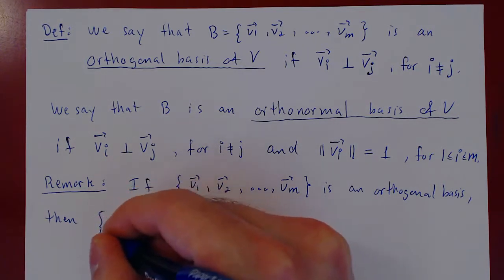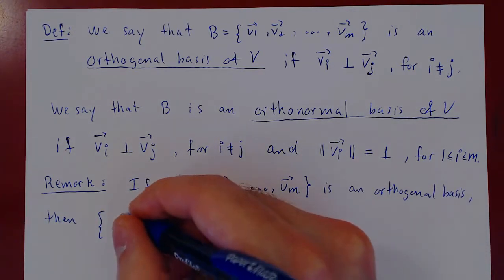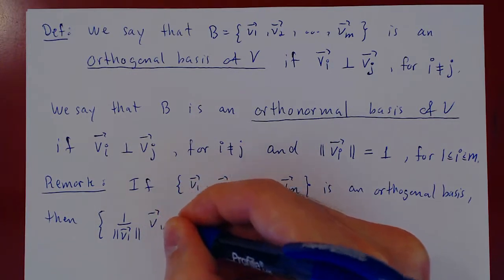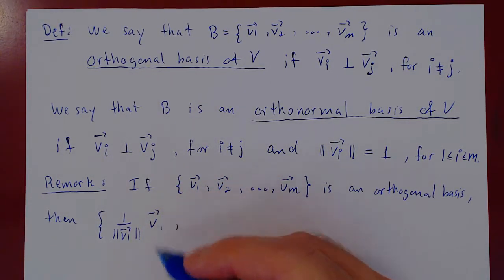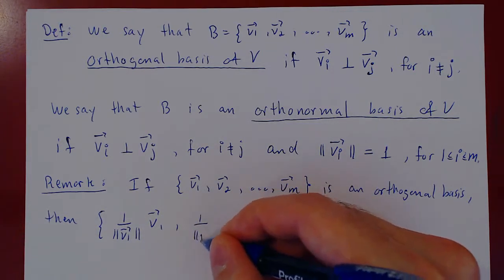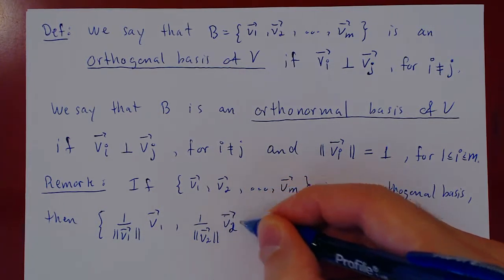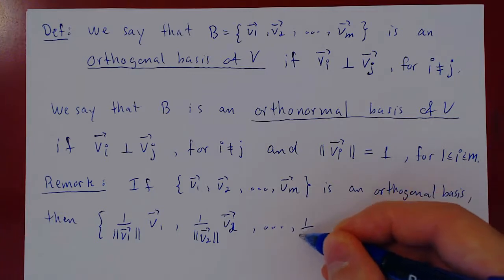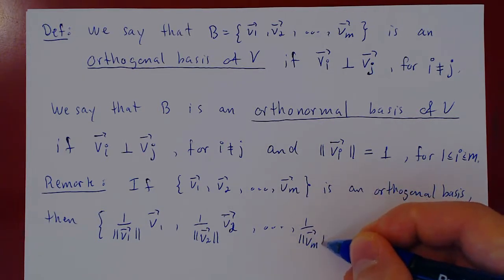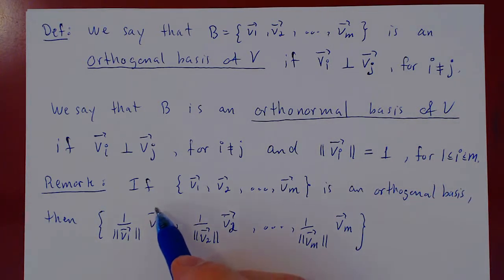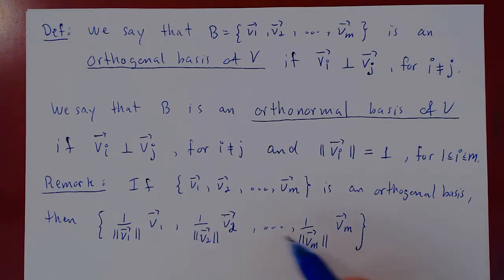So then, let's normalize each vector. 1 over the norm of v1 times vector v1 is now a vector in the direction of v1 whose length is 1. 1 over the norm of v2 times vector v2, same thing, up to 1 over the norm of vm times the vector vm. So each vector has kept its direction because we have multiplied each vector by a positive scalar.